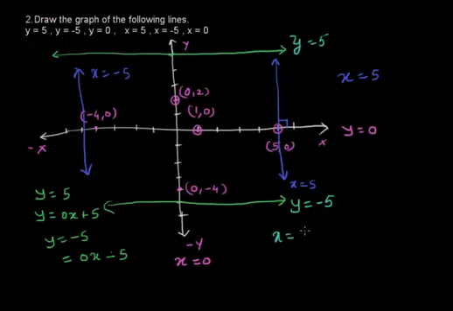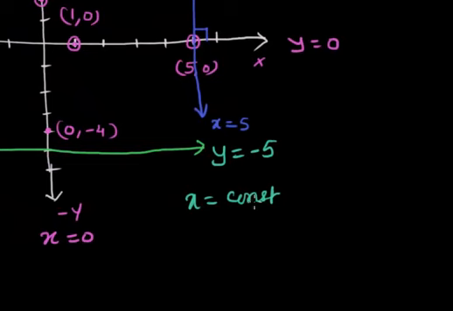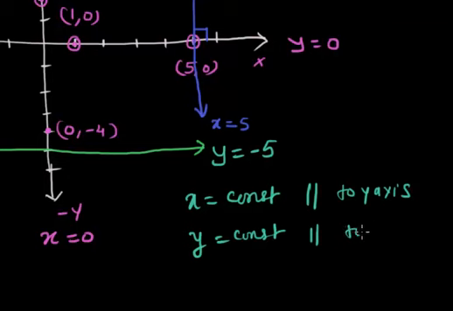So x equals constant are lines parallel to the y-axis, and y equals constant are lines parallel to the x-axis. X equals constant means the slopes are infinite, and they make an angle of 90 degrees with the x-axis. Y equals constant means the slope is 0, and they make an angle of 0 degrees with the x-axis.